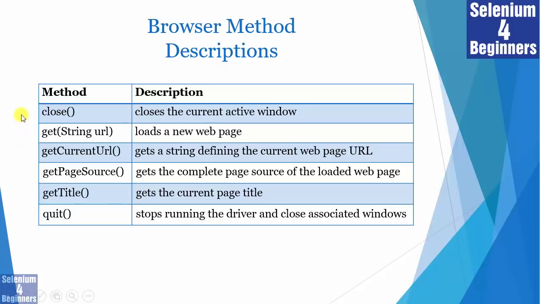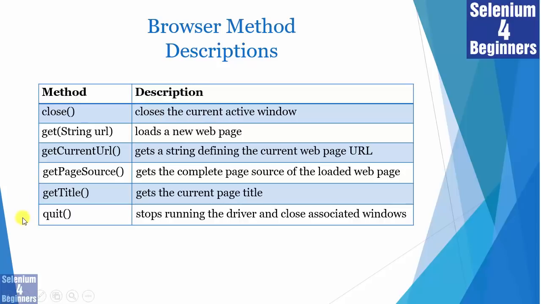Close closes the current active window. Get loads a new web page. getCurrentUrl gets a string defining the current web page URL. getPageSource gets the complete page source of the loaded web page. getTitle gets the current page title.